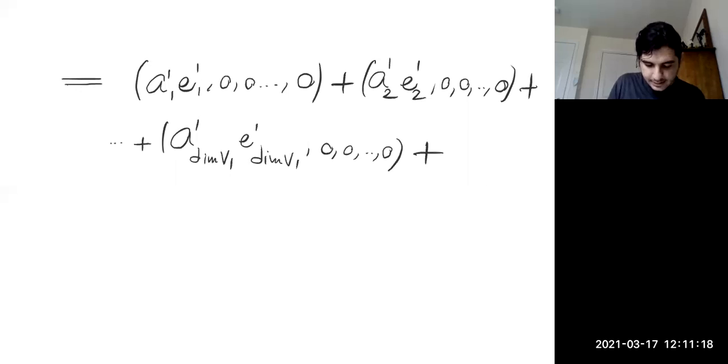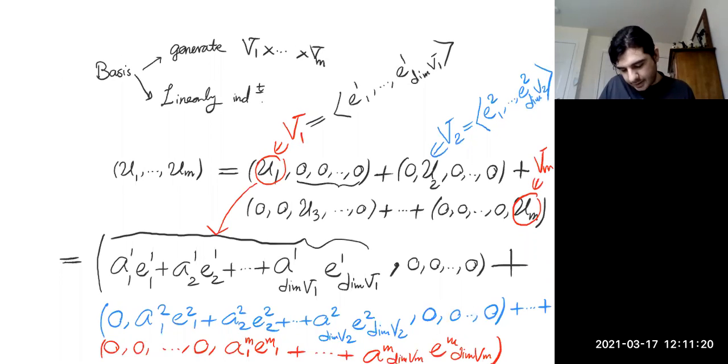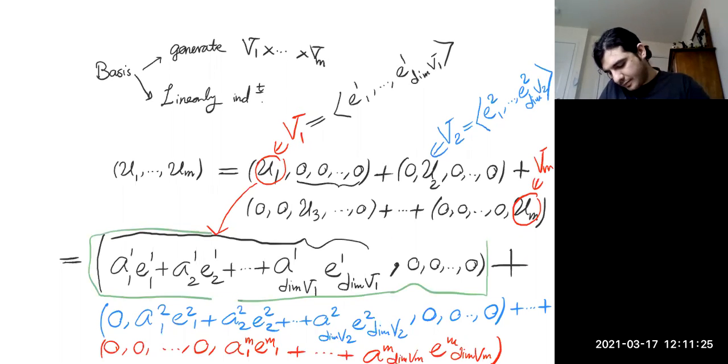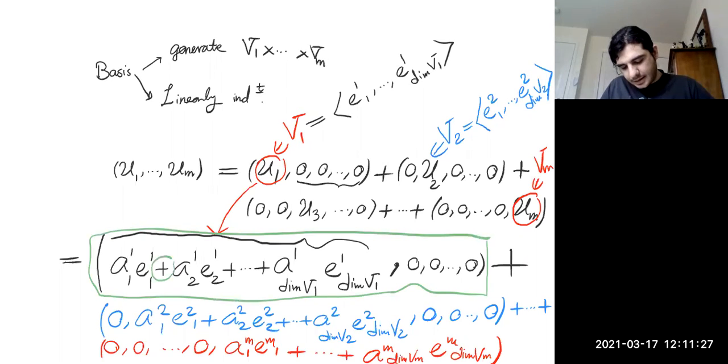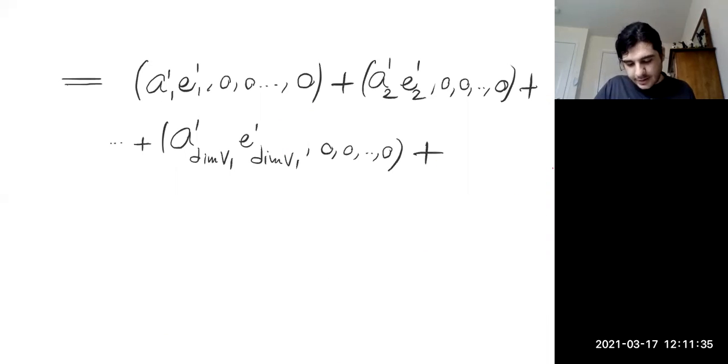All of that sum is just this first vector. I'm just expanding this vector, opening this sum. So this is just the first vector, which corresponds to the first vector in the previous page.